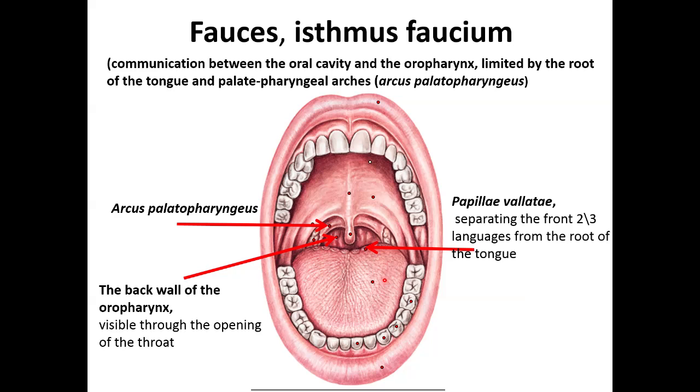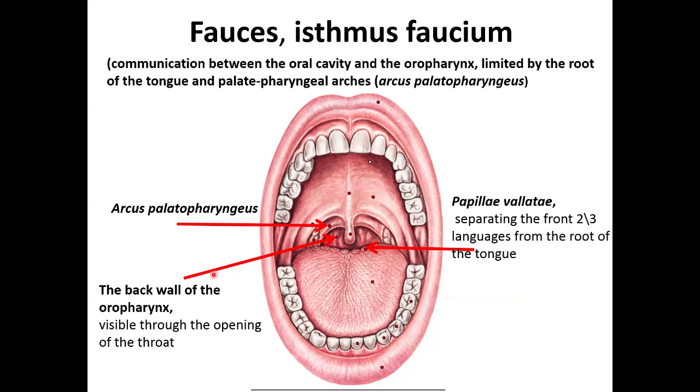Now, it would be good to say what is fauces or what is isthmus faucium. We can say that isthmus faucium is communication between the oral cavity and the oropharynx. That means orifice between oral cavity and oropharynx, limited by the root of the tongue, here it is, root of the tongue, and palatopharyngeal arches, arcus palatopharyngeus.